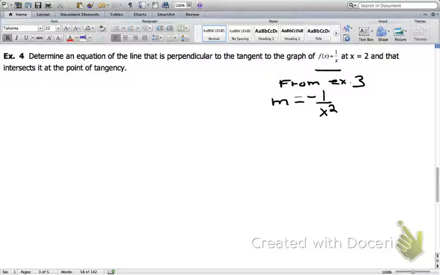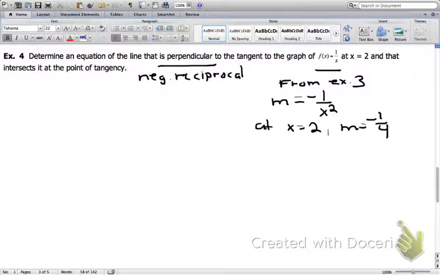And at x equals 2, we knew that our slope was equal to -1/4. So if we're talking about perpendicular, recall that perpendicular is the negative reciprocal.